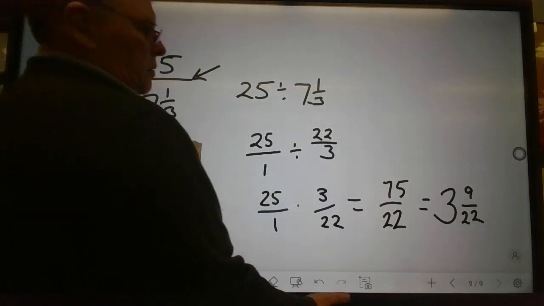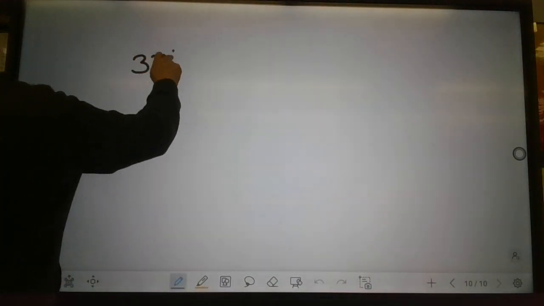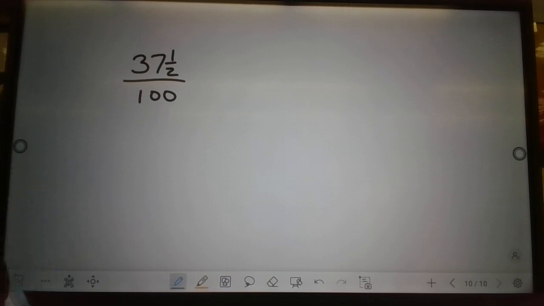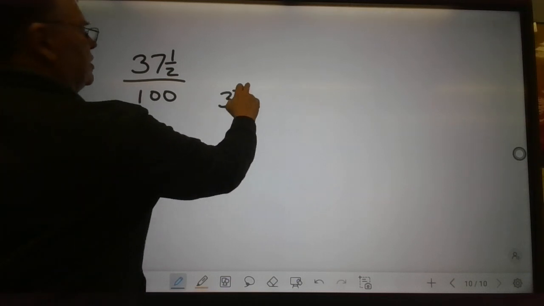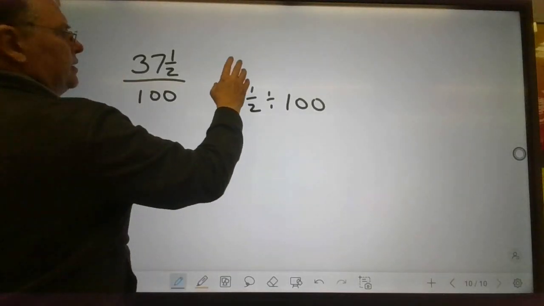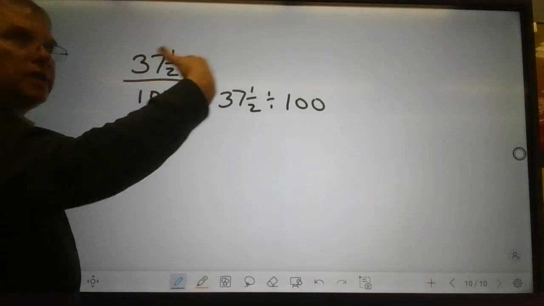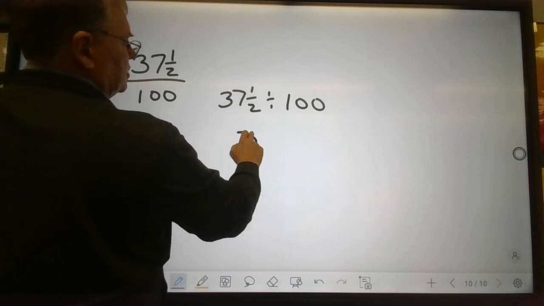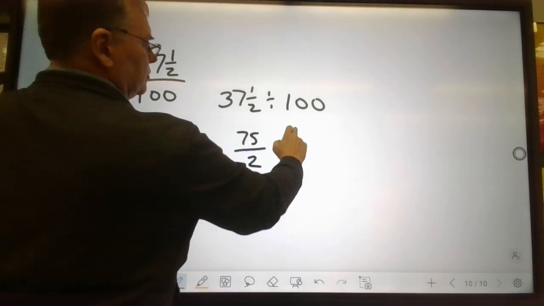So today's practice problems. Letter A, we have 37 1/2 over 100. So that would be 37 1/2 divided by 100. You can punch it in this way, hit equal, boom, you got it. But going the long way around, this would become 75 over 2.